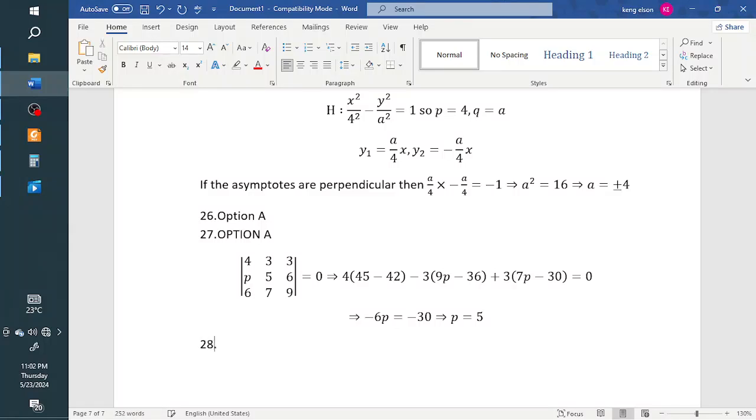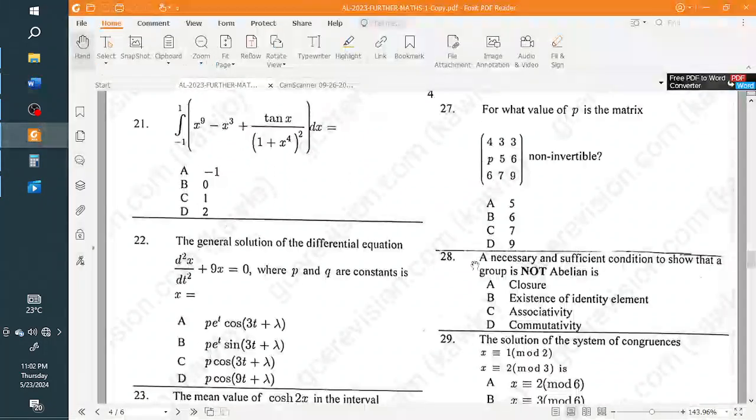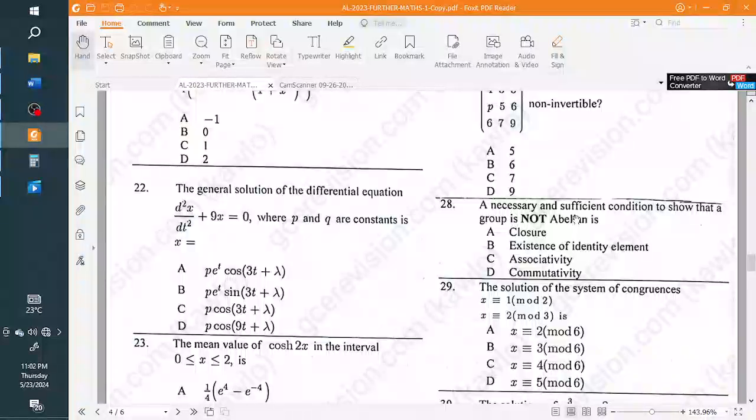Okay, 28. A necessary and sufficient condition to show that a group is not abelian is, let us see, is it closure, existence of identities, associative or commutative?